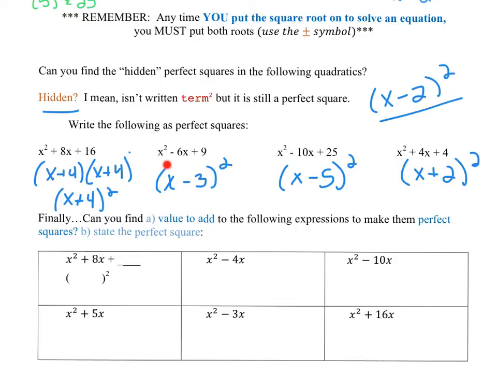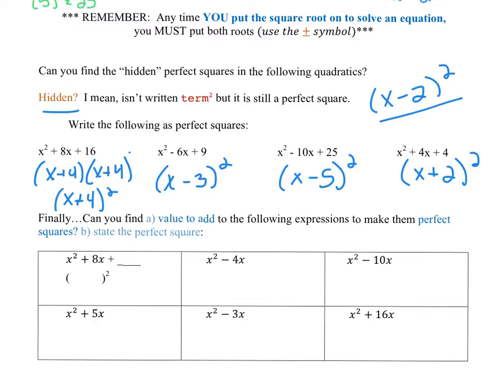So this right here is negative 6x. This number right here is negative 3. If you look, can you find a pattern between this number and this number, this number, this? They're half. It's half.